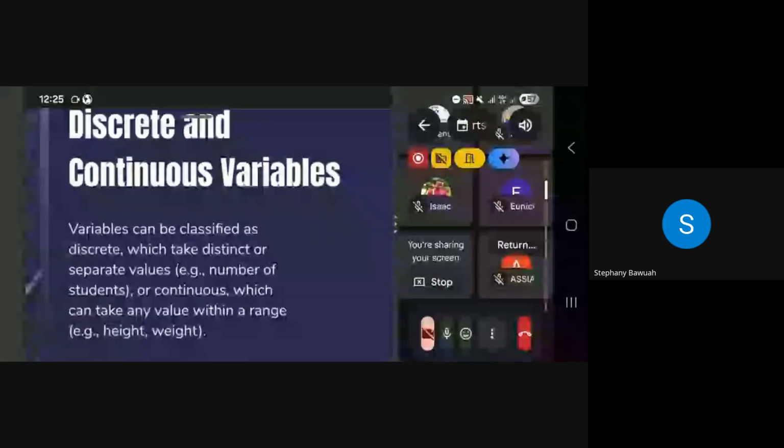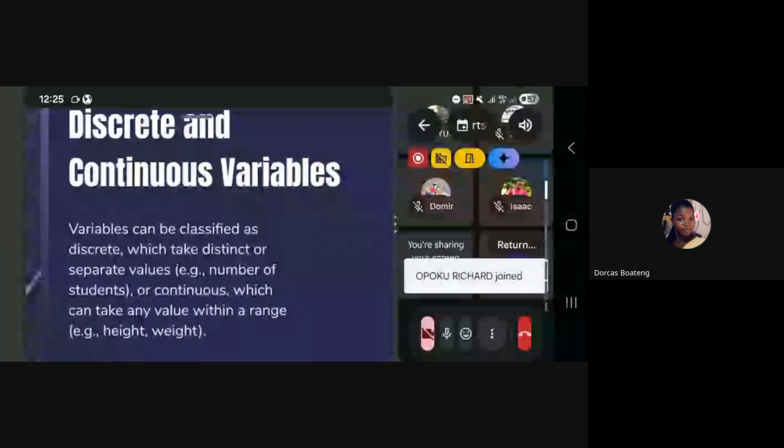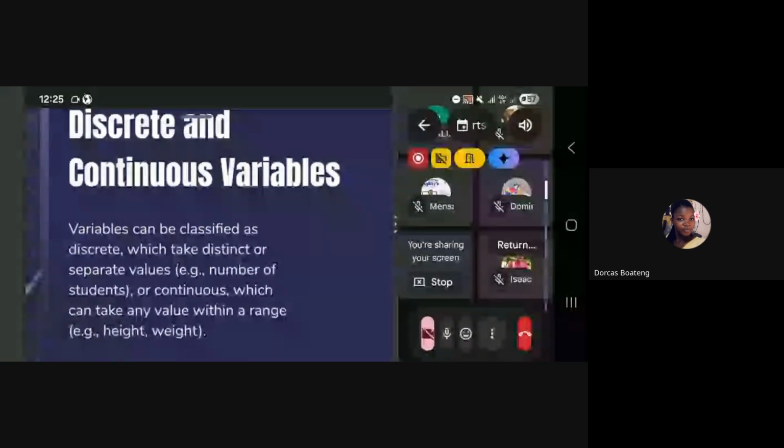Last one, Dorcas. I still want more examples. So Dorcas. Yeah, Dorcas. The discrete variables, you cannot have fractions and decimals. They are presented in whole numbers. Examples are number of children in a family, goals scored, ages, number of cars or number of siblings in a family.